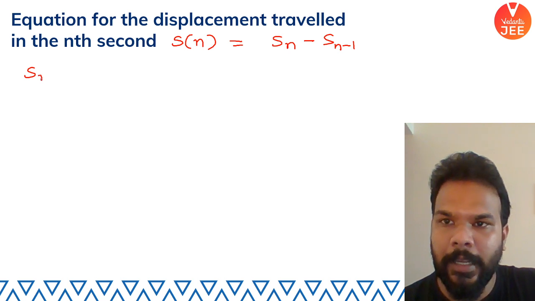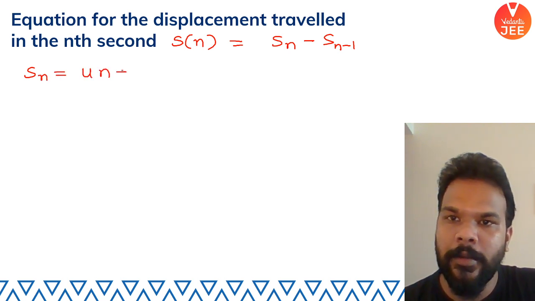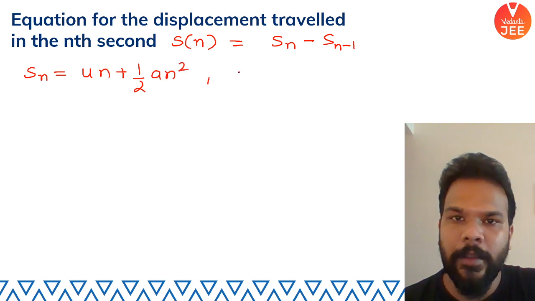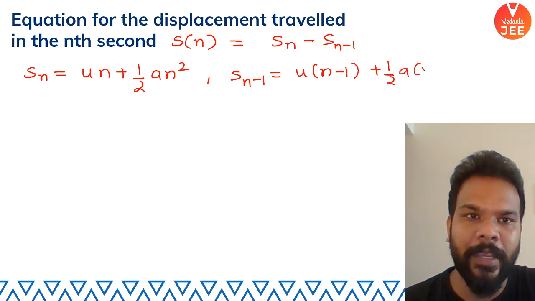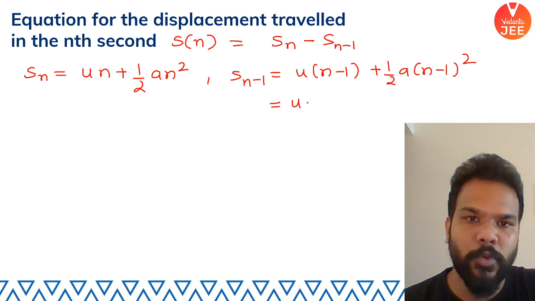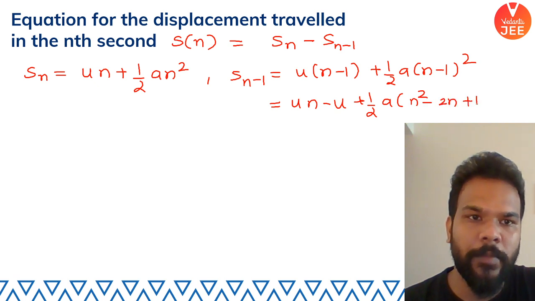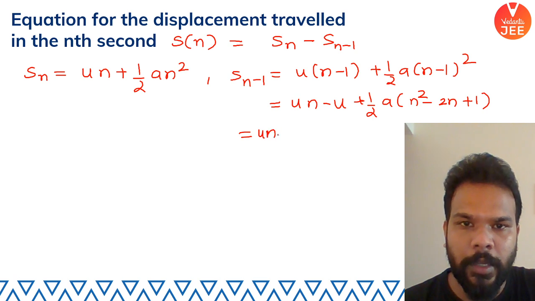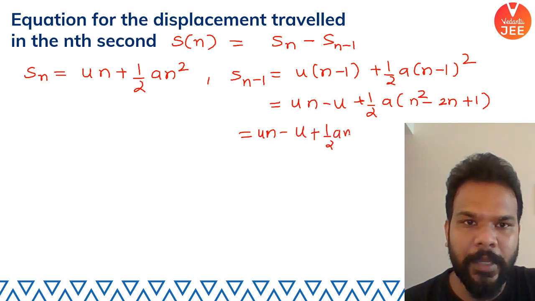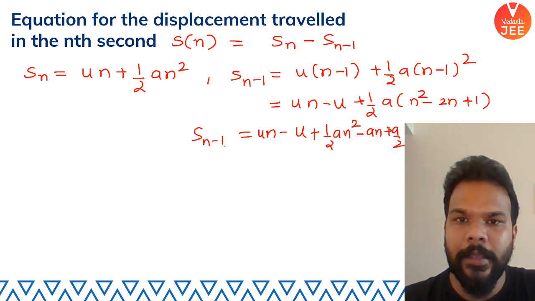So Sn is going to be un plus half a n square, and S(n-1) is going to be u(n-1) plus half a (n-1) the whole square. So let's open this. This is un minus u plus half a (n square minus 2n plus 1), because that is (a minus b) the whole square. Okay, if I open it up as well, I have un minus u plus half a n square minus a n plus a by 2. That's what we are getting as S(n-1).